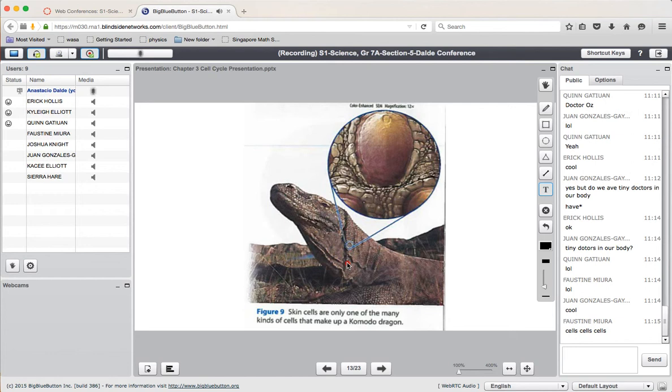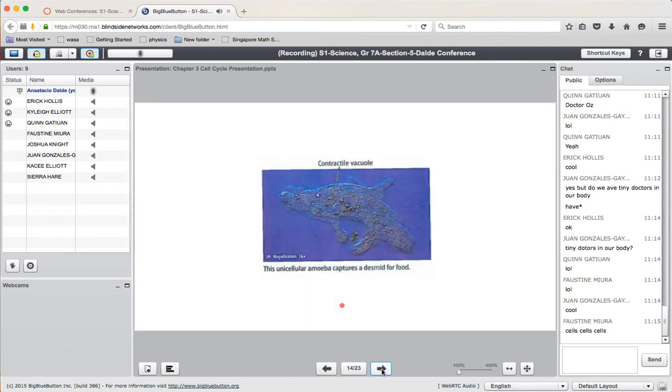So some organisms are only made up of one cell. The whole body of these organisms, which are often called amoebas, is made up of only one cell. And so all of the different processes have to take place within this one cell. So let me talk to you about unicellular organisms.